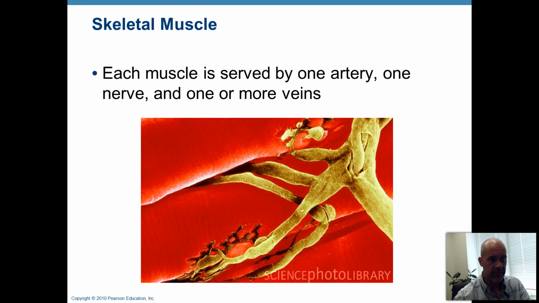I wanted to put this picture up here at the beginning of the lecture just to reiterate for you that your skeletal muscles do not operate without input from the nervous system. And this is kind of a neat colorized image. This is an image that was taken with a type of microscope called an electron microscope.